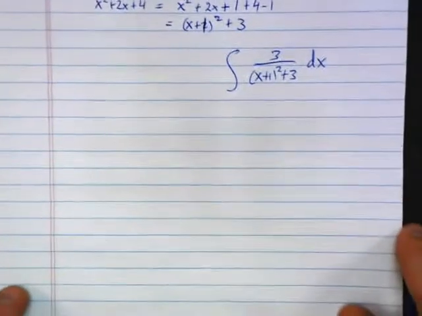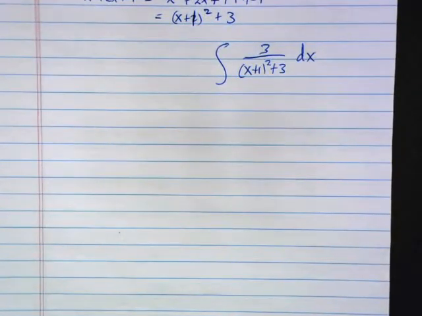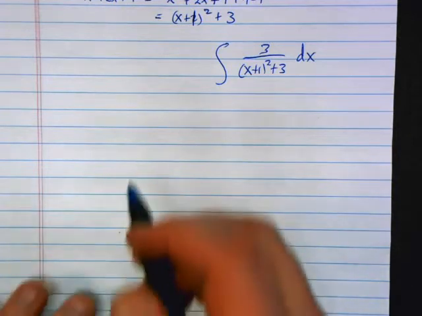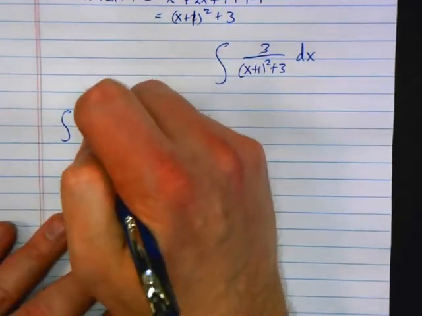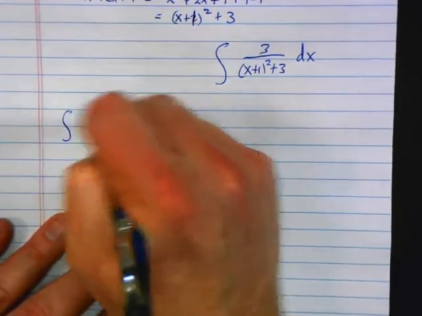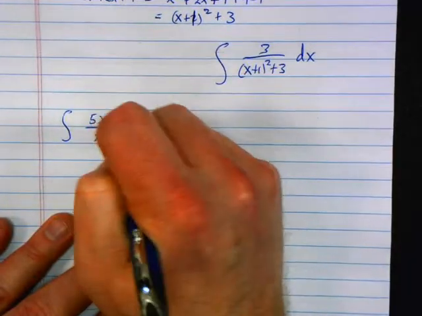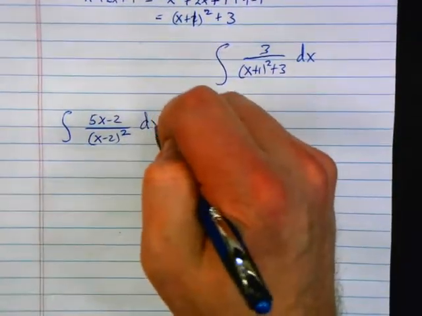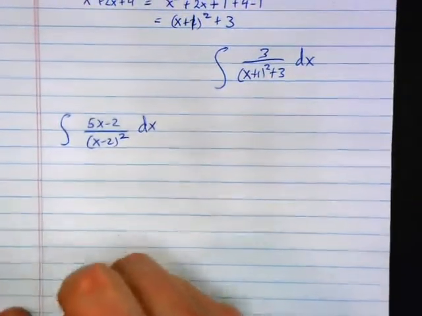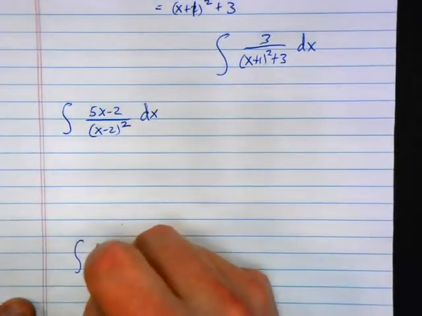All right, the last thing we have to talk about with partial fractions is what happens when you have a repeated linear term on the bottom. And what I mean by a repeated linear is the integral of 5x minus 2 over x minus 2 squared. First thing you need to do is recognize the difference in two types of problems.